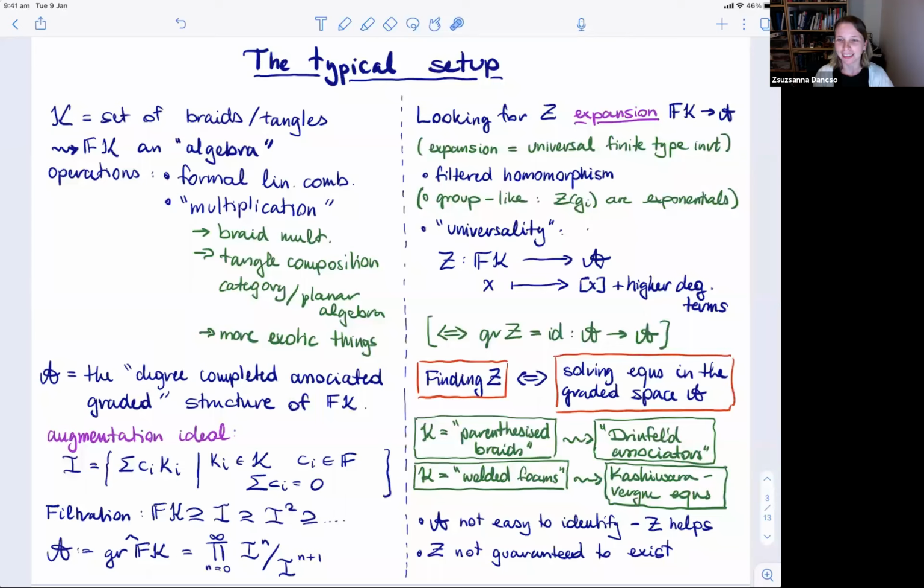You'll see, there's some specific methods for finding this creature, and I'll give you some examples of what the methods are. It's not an obvious question how to find such an expansion, and it doesn't even exist in all interesting cases.